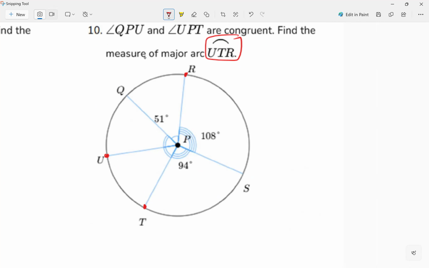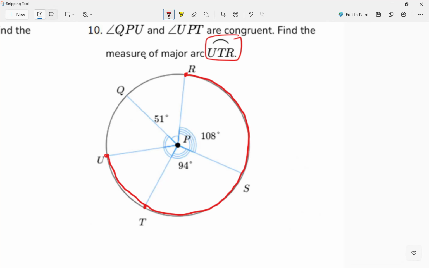So I tell you where to begin. Begin at U, go through the point T, and continue through T all the way to R. So this major arc is going to look like this. That's how this thing's going to look.